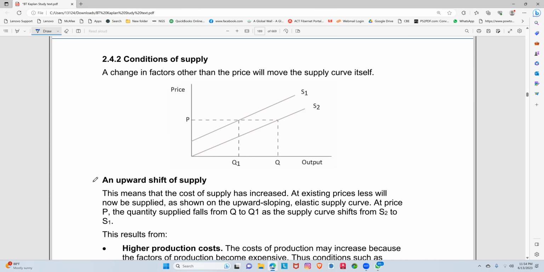Change in factors, then the price will move the supply curve itself.